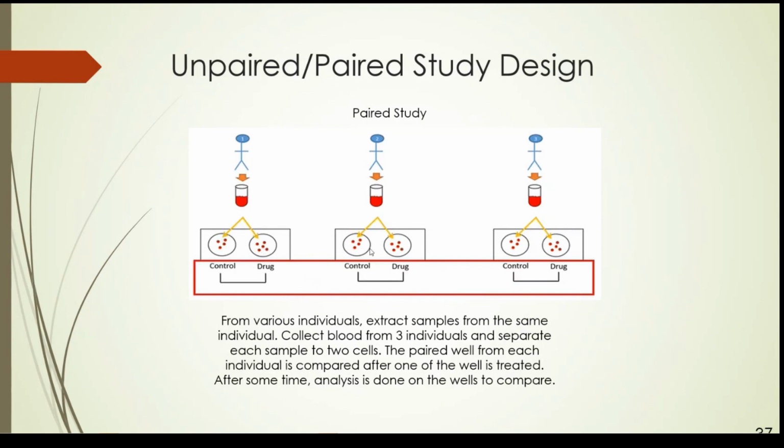And this we repeat for all the other patients. Okay. So again, this is PET, right? Because from the same person, we have 1 control group, 1 experimental group. So after some time, we analyze the difference between the control and the experimental for each person, and then we get the mean.